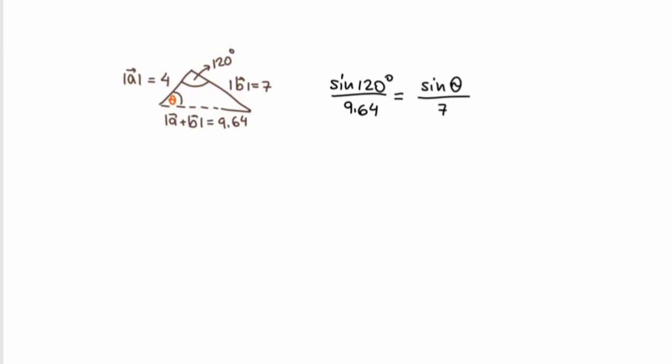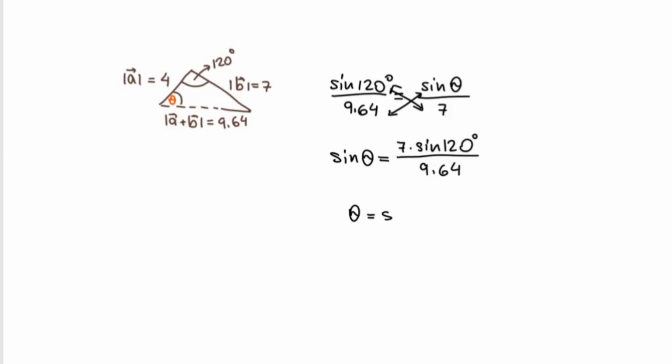Cross multiply, so this times this, divided by 9.64. So then we get sine theta is equal to 7 times sine 120 degrees over 9.64.